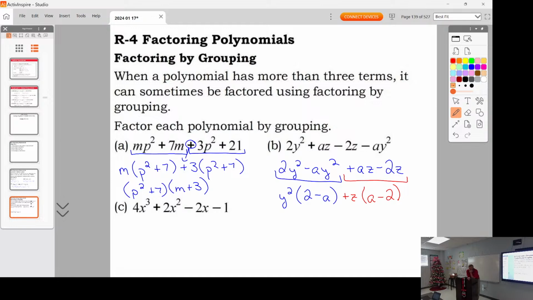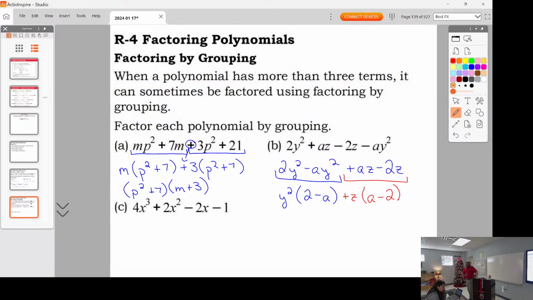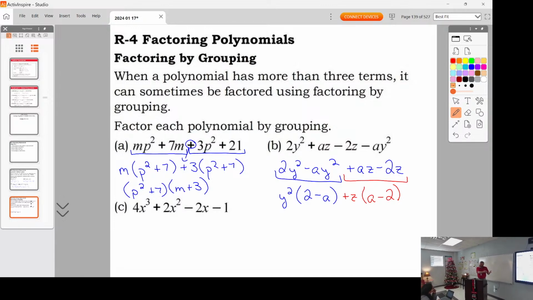Any thoughts? I'd rather you answer and be wrong than not answer at all. Huh? Okay. I like where you're going with that. Distribute a -1. This is an expression. Because it's an expression, I can't just introduce new things to it.